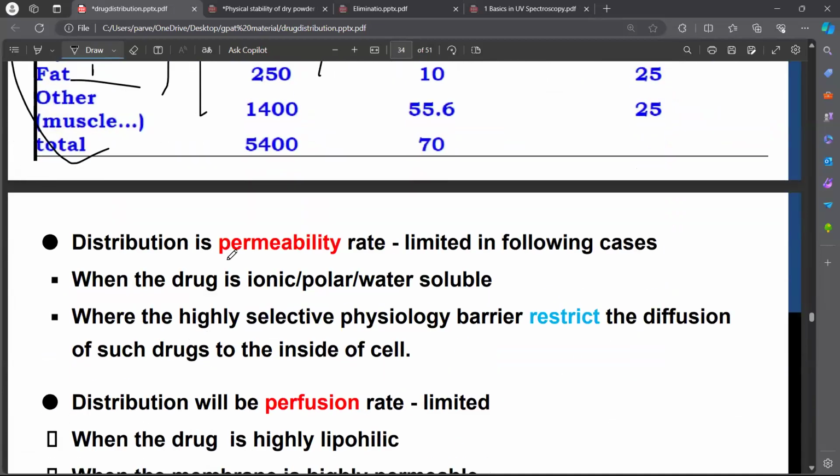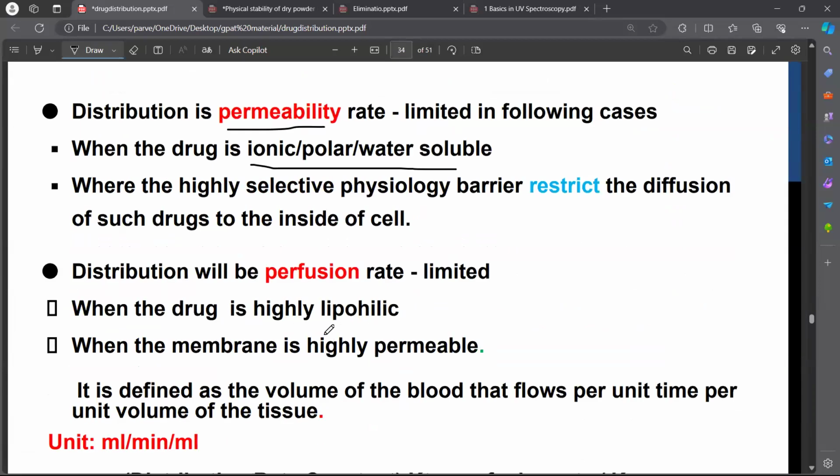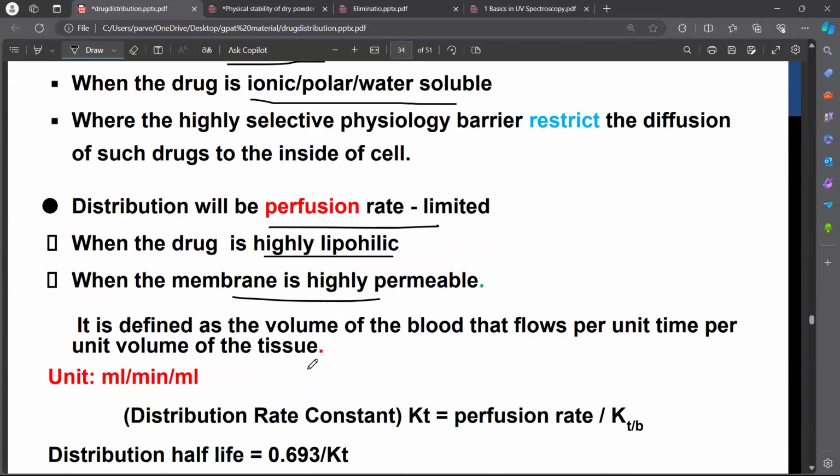As I mentioned, drug distribution is permeability limited when the drug is ionic, water soluble or polar in nature, which restricts the distribution. Distribution will be perfusion rate limited when the drug is highly lipophilic and the membrane is highly permeable. Perfusion is defined as the volume of blood that flows per unit time per unit volume of tissue, so the units of perfusion rate are ml per minute per ml.